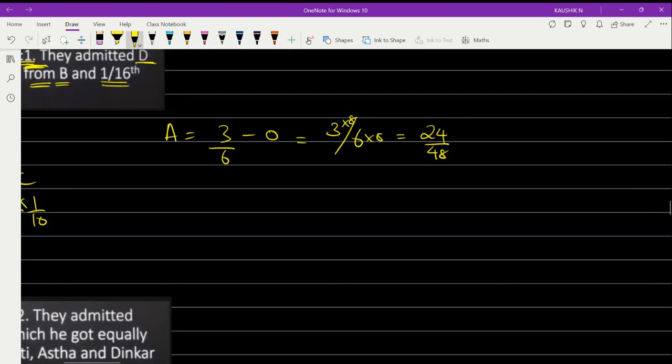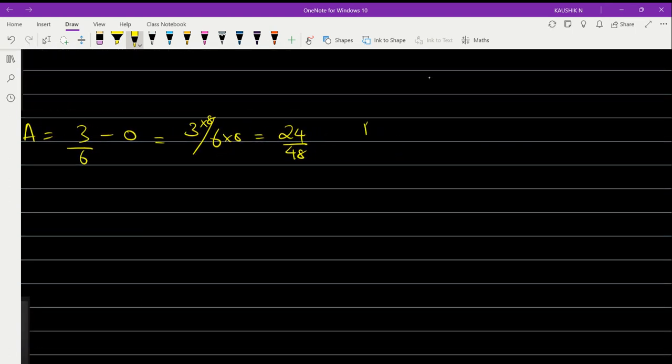And then for partner B, it is 2 by 6, the whole share, minus 1 by 16, the sacrifice. So the LCM will come to 48. Here 6 into 8 is 48, so 8 into 2 is 16, minus, 16 into 3 is 48, so here it comes 3.